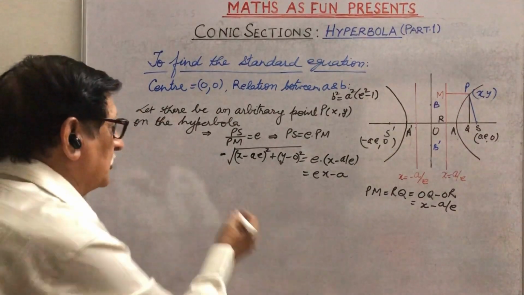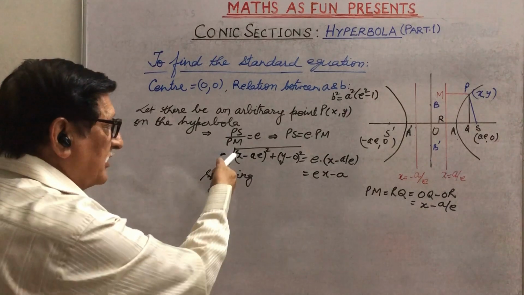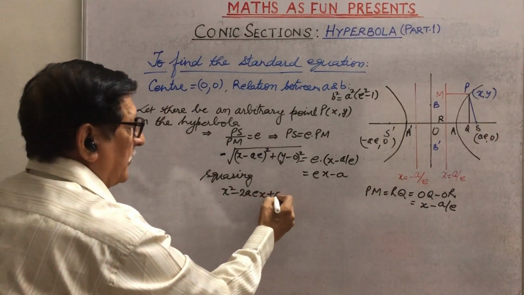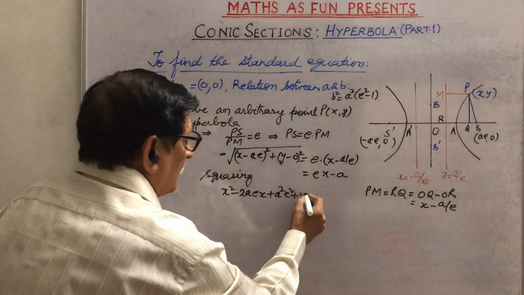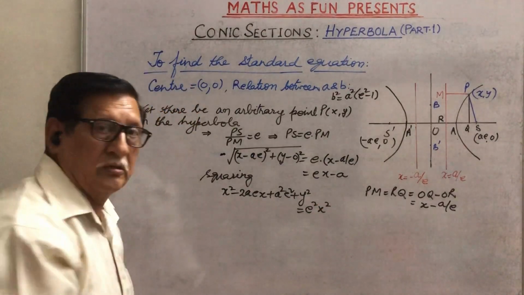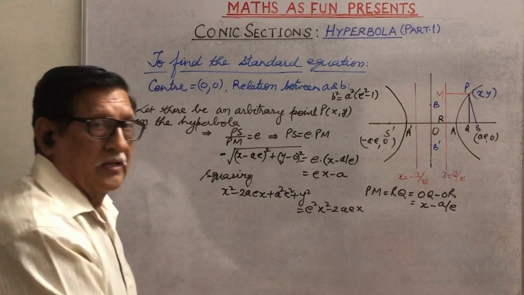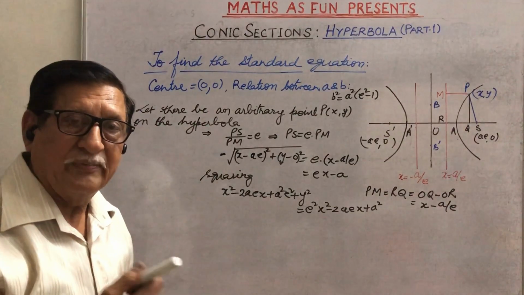Now if we square both the sides, are we getting x square minus 2aex plus a square e square plus y square equal to e square x square minus 2aex plus a square. We know the perfect square of a minus b.